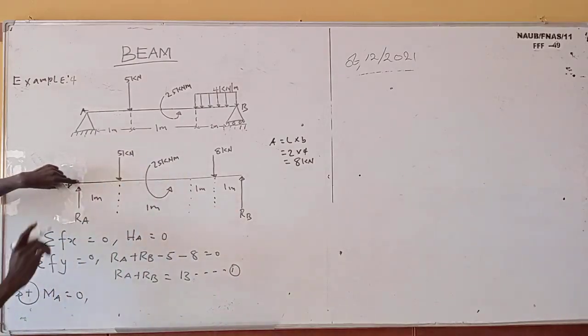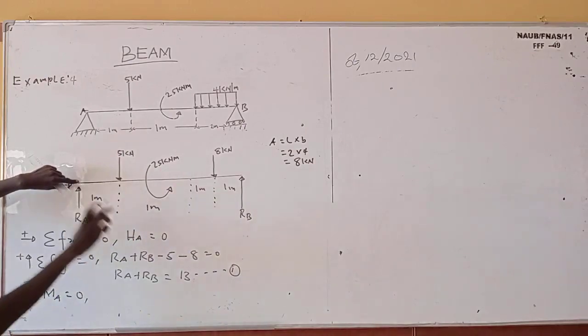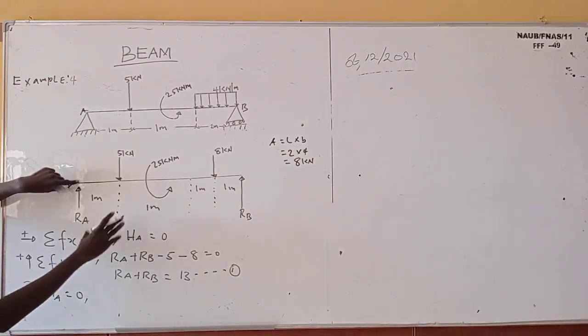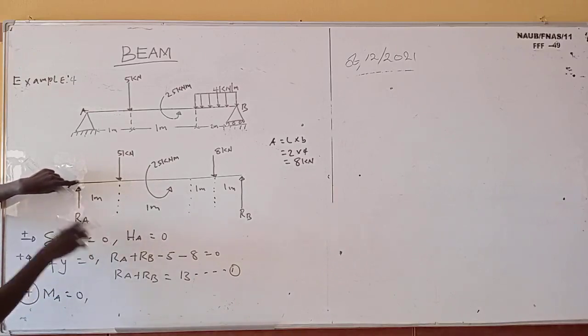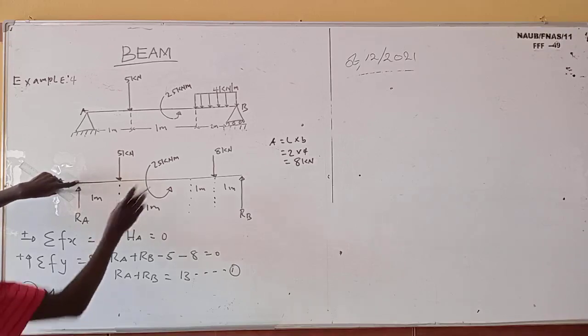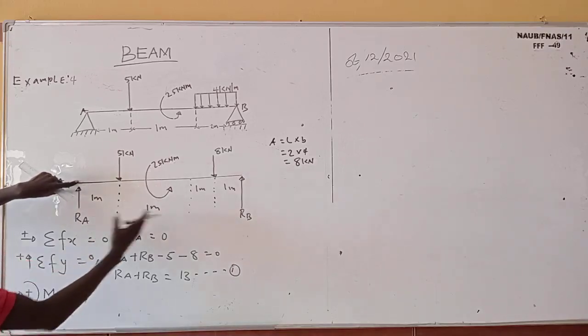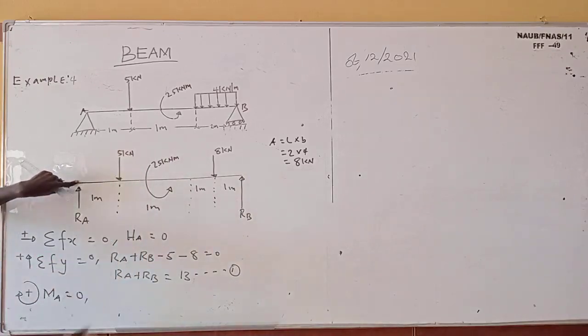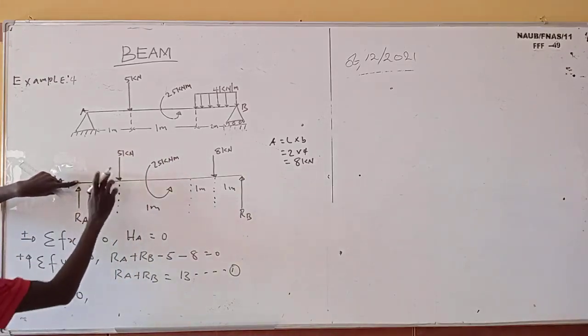Please, anytime you want to consider your moment, don't consider distance. Moment is already force times perpendicular distance, so they have already given your moment here. You only consider the distance for forces. Do you get that? Okay, so now we are having how many forces here? 1, 2, 3.